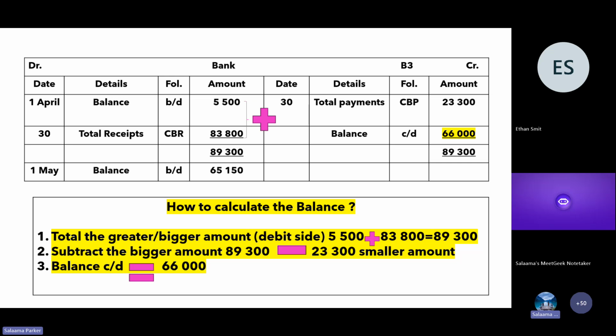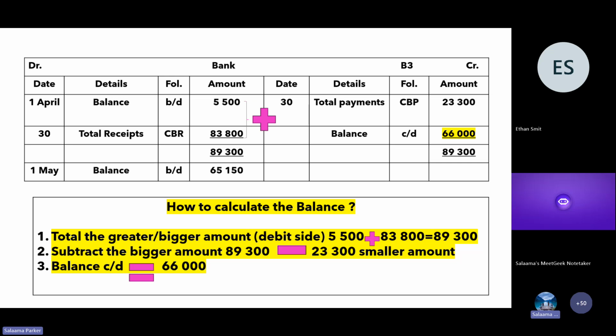Please just remember, it's the same answer that you'll carry down to the debit side, because going into the month of May now, this business is really doing well. They have a balance of 66,000 now in their bank account.